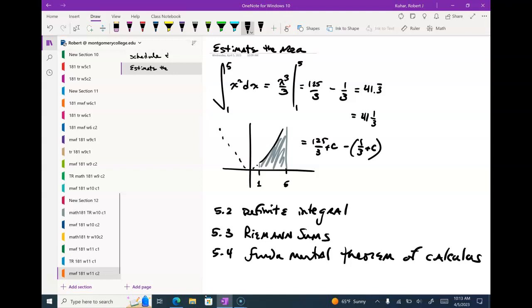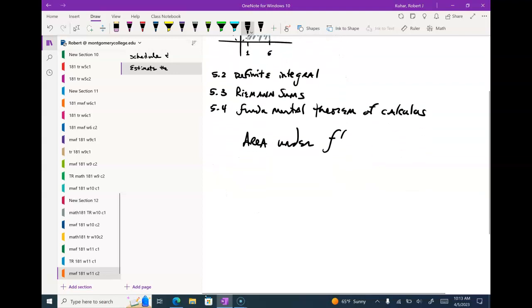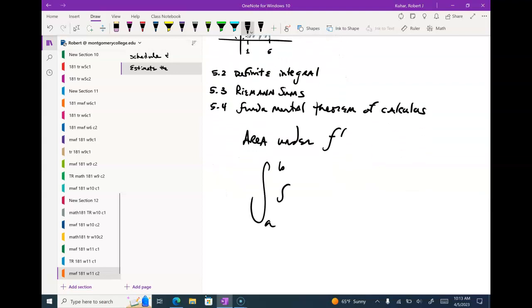And that's got two pieces to it. The first piece says the area under the derivative, right? So that's saying the integral from a to b of f prime of x dx is f of b minus f of a, right? That's the first half of the fundamental theorem of calculus. That the integral gives me the area under the derivative curve. And how does it give it to me?